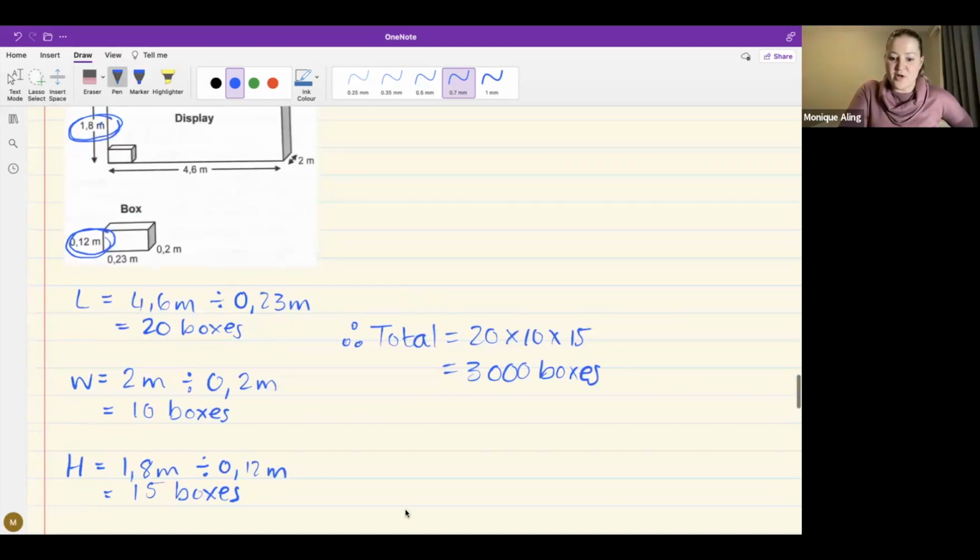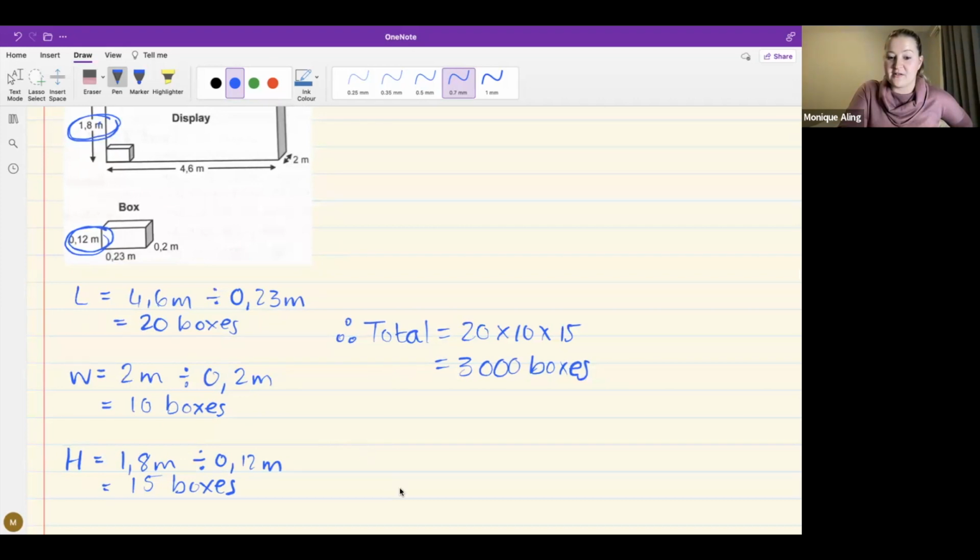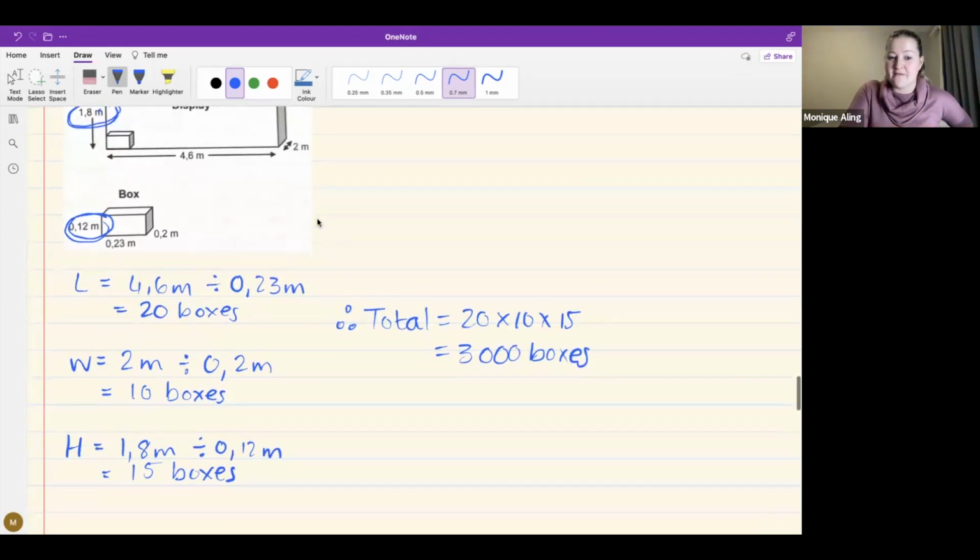Okay, looks like for the most part, we all got that answer. Are there any questions? Because I see some of us did get confused with the dimensions. If you have any questions, let us know in the chat.